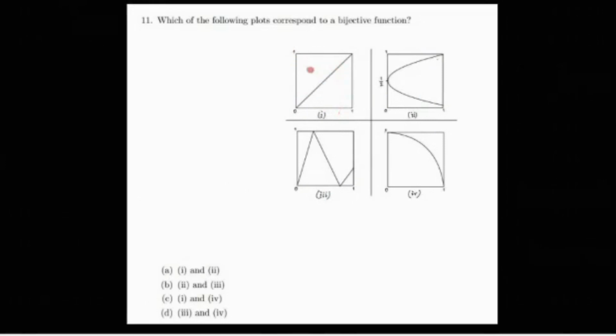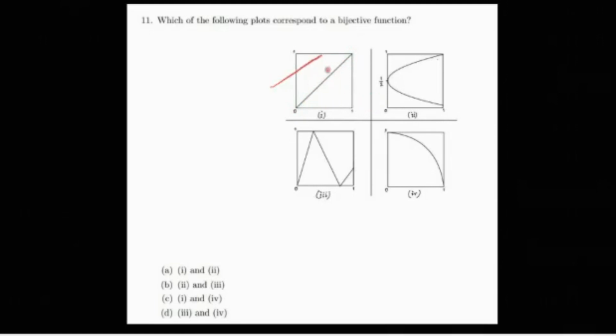If I draw a line parallel to the x-axis and it touches this curve, and then I go down parallel to the y-axis, I get to some point. So every point in the codomain is the image of some element in the domain. So it is both one to one and onto. In fact, this looks like the function y equals x, just in the domain 0 to 1.